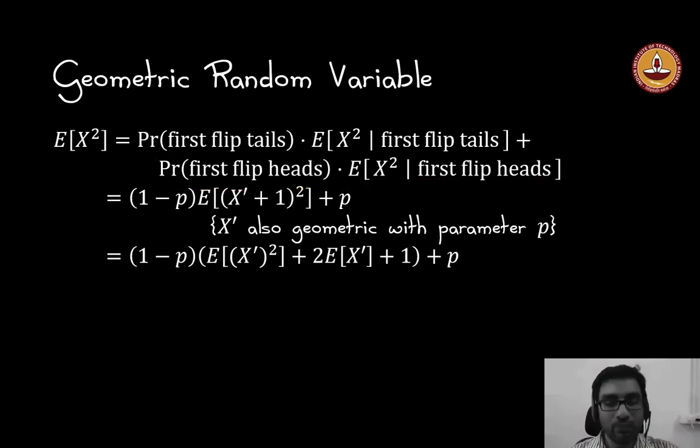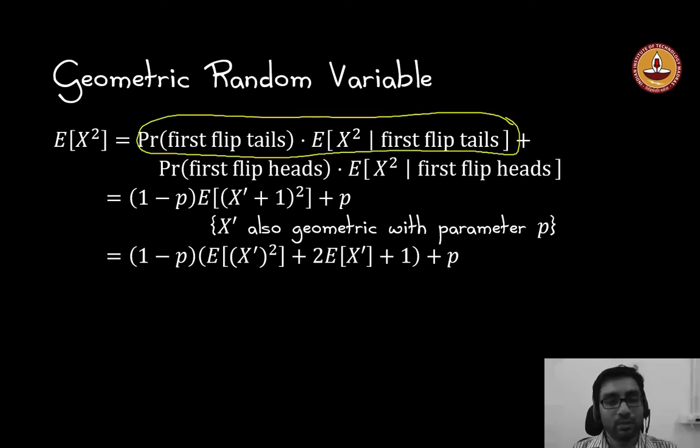Let us now consider this first expression. The probability that the first flip is a tails is 1 minus p. And let's consider what happens when the first flip is tails. After the first flip, this is the geometric random variable, so there is this memorylessness property.